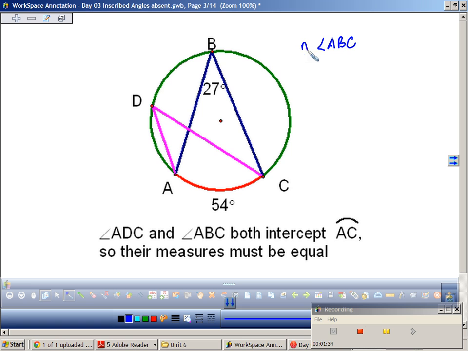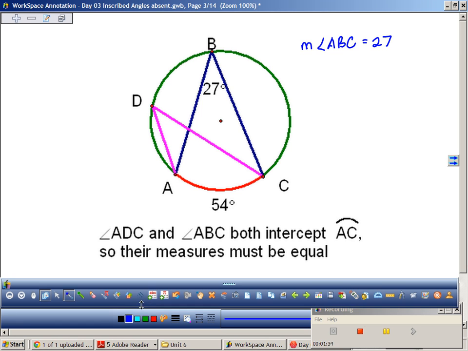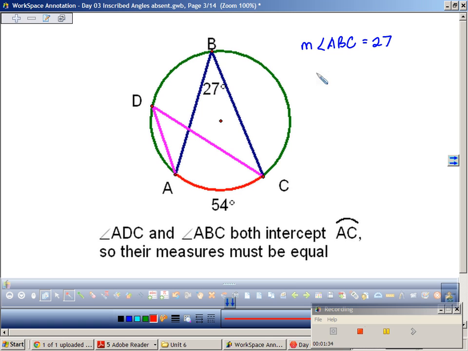The measure of angle ABC is 27 degrees. Then I have an intercepted arc right here, and my intercepted arc has to be twice the size of the intercepted angle.